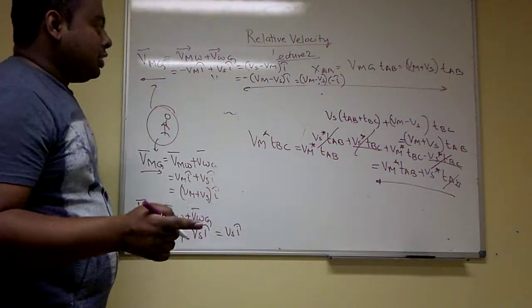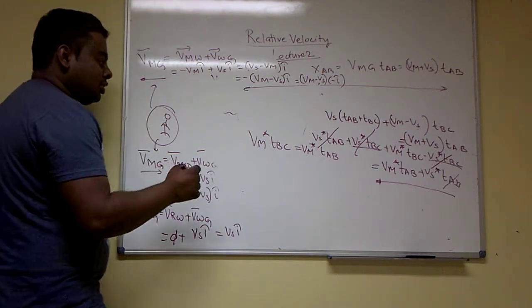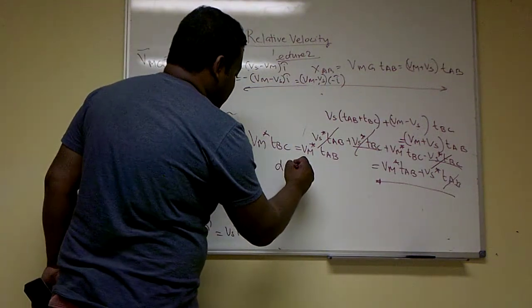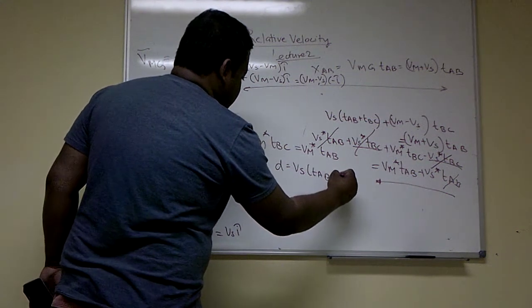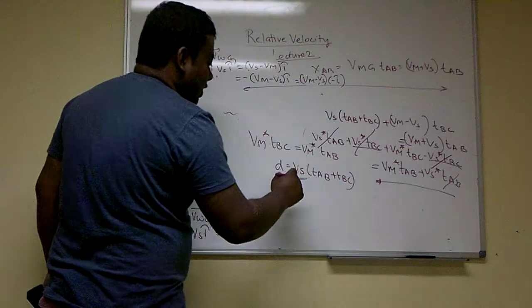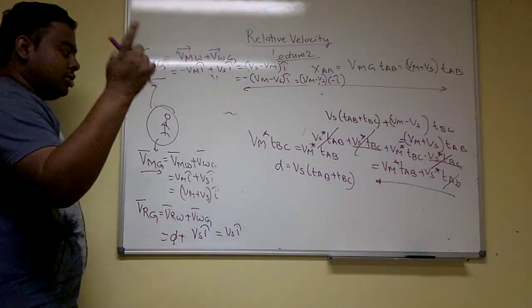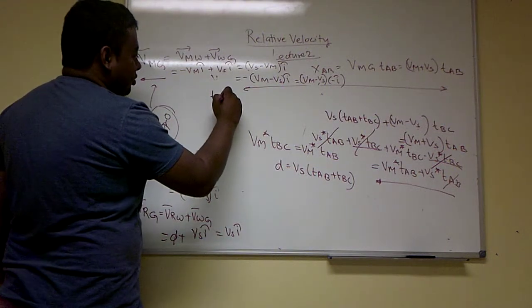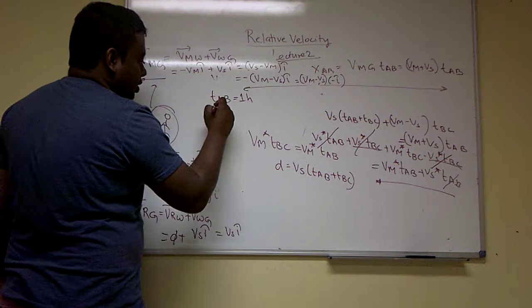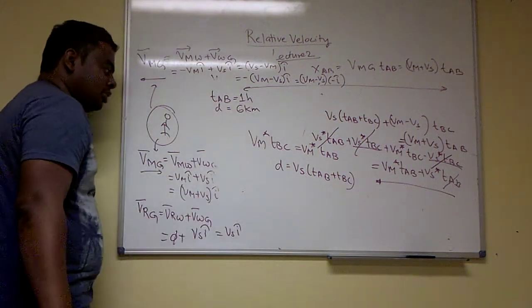And it was mentioned that the distance which the raft has traveled is 6 kilometers. So the raft has traveled Vs times TAB plus TBC, and the time it took for the motorboat to go in the forward direction is 1 hour. So TAB is given to be 1 hour and D is 6 kilometers.